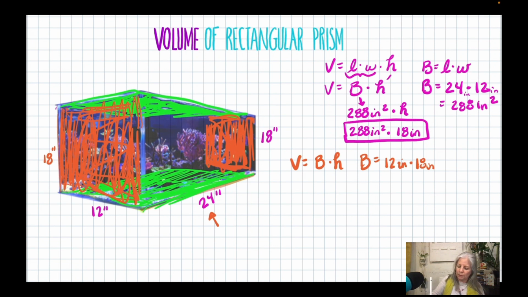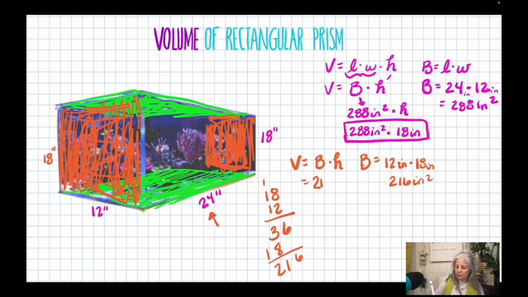So let's work out 12 times 18, and we've got 216. So our base is 216 inches squared.